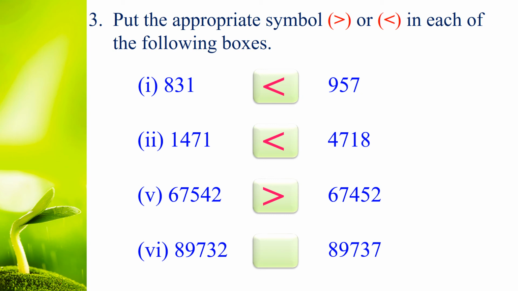So let's compare the ones place. The first number's ones place is 2. The second number's ones place is 7. So 7 is greater. So that is, 89,737 is the greatest number.